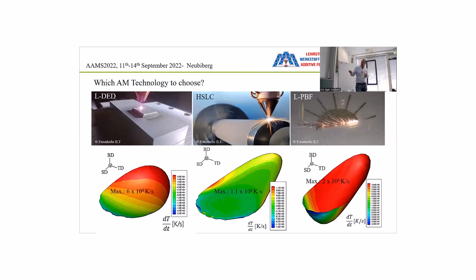As a rule of thumb, we have this cooling rate, which is relatively low compared to the LPBF one. This certainly has something to do with the beam diameter we're using. LPBF is much smaller, we're talking about 80 to 100 microns, whereas here we're talking about 600 to 1000 microns. The high-speed laser cladding is somewhere in the middle.